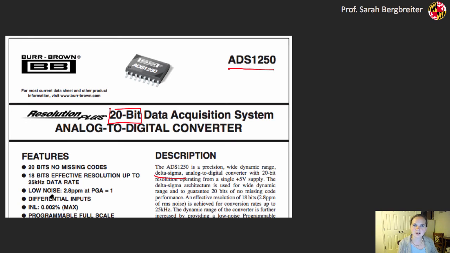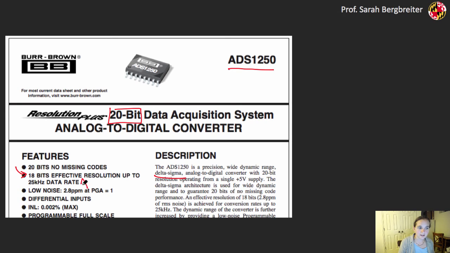But I started noticing some interesting things, even if I just start looking at the first couple bullet points on this. Right? The second bullet point is particularly interesting because what it tells me is that even though they've labeled this a 20-bit ADC, and it is technically a 20-bit ADC, I really only get 18 bits of effective resolution at a given sample rate. So at sample rates up to 25 kilohertz, I get a full, in this case full, 18 bits of effective resolution on this ADC.